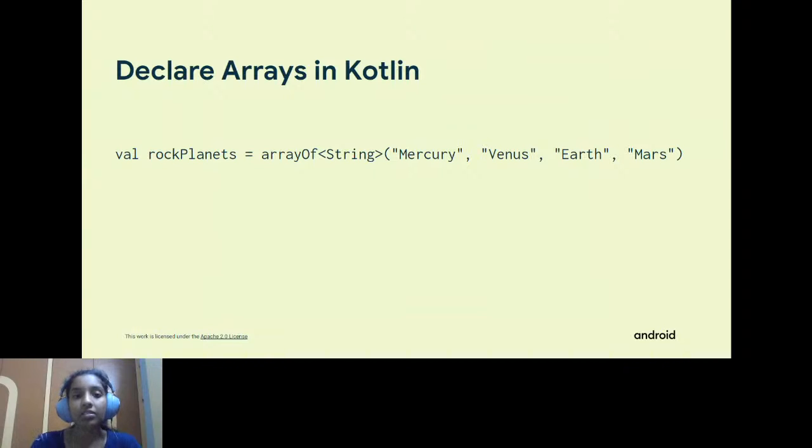What we mention in the angle brackets is the data type of that array, and then within the open and close brackets we'll mention all the elements present in our array. So let's see this in detail in our Kotlin playground.